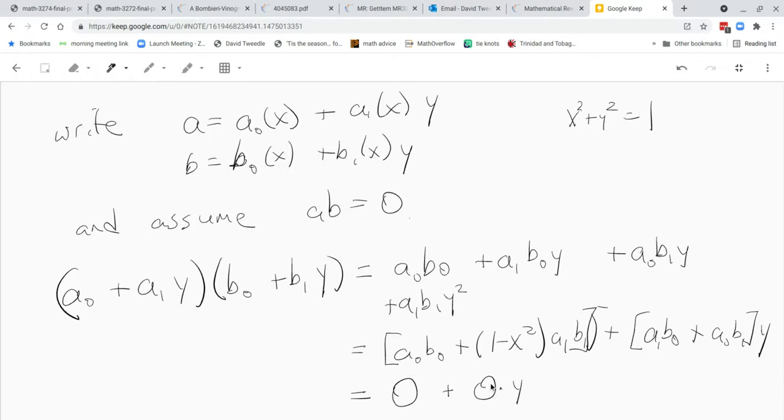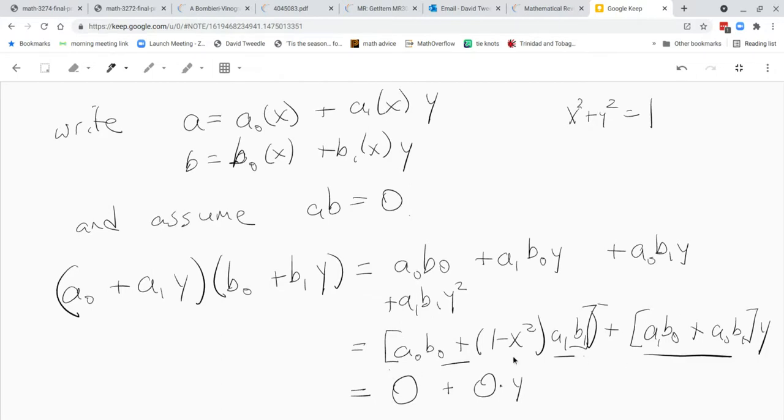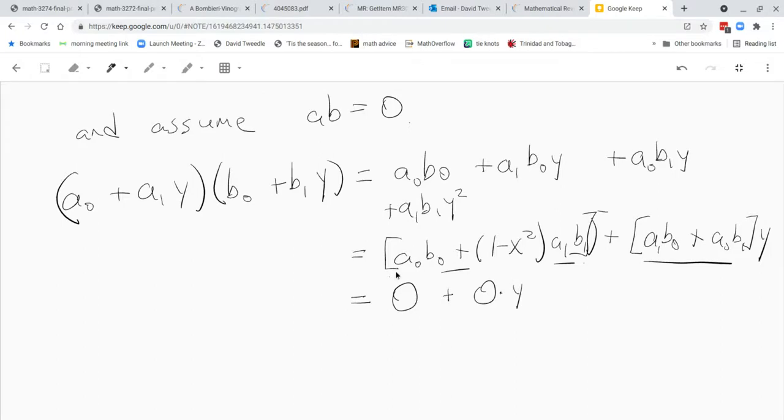Now, things have a unique representation as something plus something times Y, where this something is in terms of X. That means that this has to be 0, and this is 0. These are both expressions in one variable, so it's a little easier to work with.